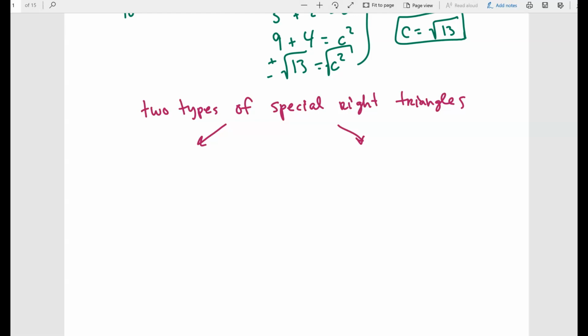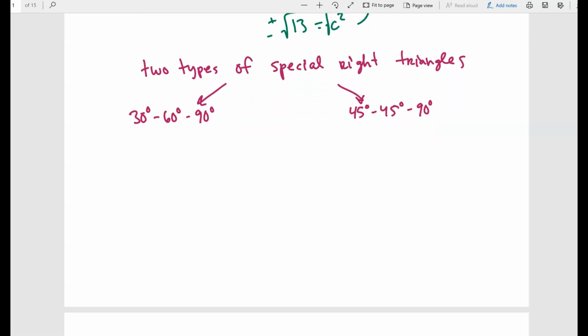So the first type of triangle is what we call a 30 degree, 60 degree, 90 degree triangle, a 30, 60, 90. And the other one is what we call a 45, 45, 90. And this little symbol that I'm writing on the top just means degrees.